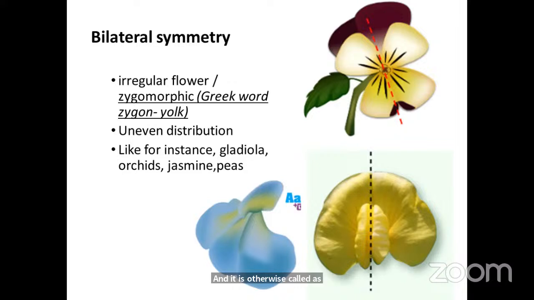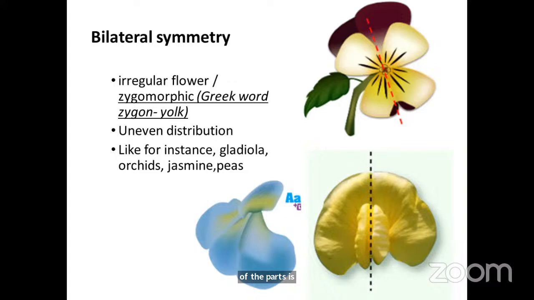When we say zygomorphic, it means yoke, because the word zygote is derived from the Greek word which means yoke. So in a bilateral symmetry flower, the distribution of the parts is actually uneven.